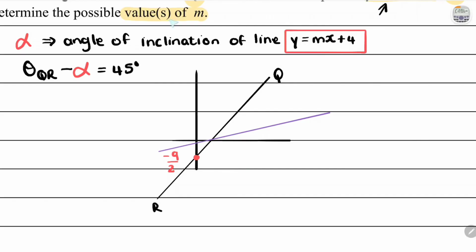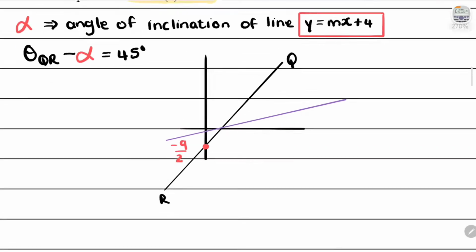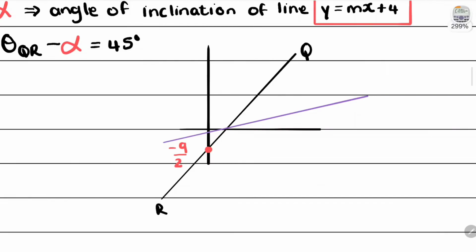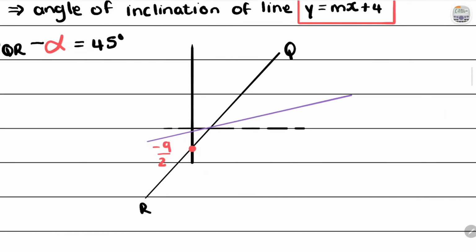Now, the reason I'm considering this is because remember that these are not drawn to scale. So this thing that even looks like the x-axis, let's just say it's not the x-axis, because if I said it is the x-axis, then I'm already assuming that they intersect at the x-axis, and they never told us that. So I'll leave it as a dotted line. I'm not implying it's the x-axis.